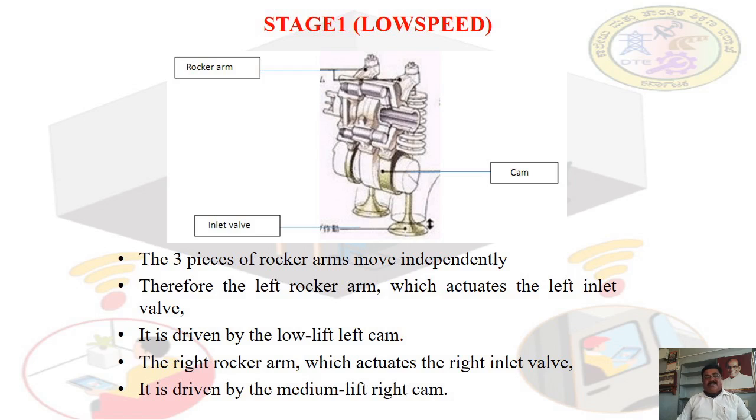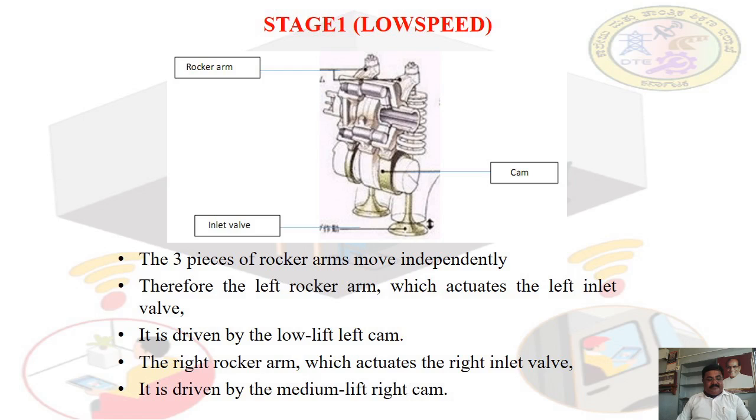SOHC means single overhead camshaft engine, in Japan. The mechanism has 3 cams with different timings and lift profiles. Note that their dimensions are also different in the 3 cams.